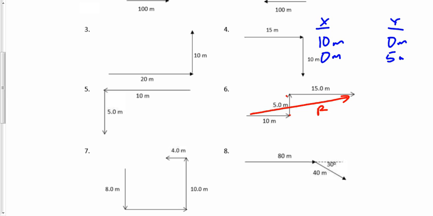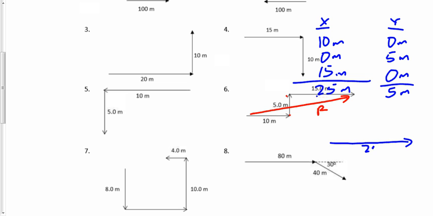Good. Then how much of that 15 is x? 15. Good. And how much of it's y? 0. Good. Now let's add these up. 10 plus 0 plus 15 is 25. 0 plus 5 plus 0 is 5. And now we need to redraw it.